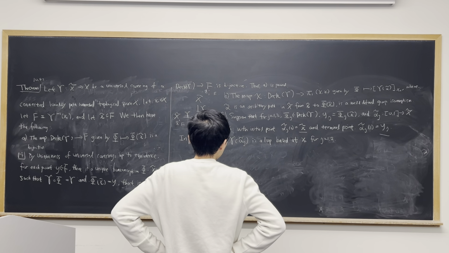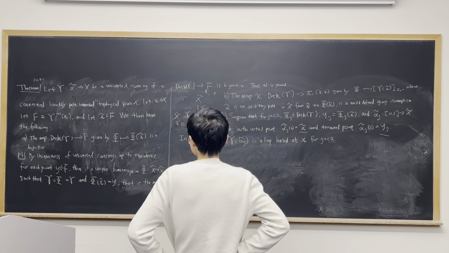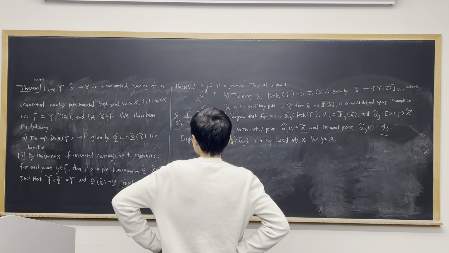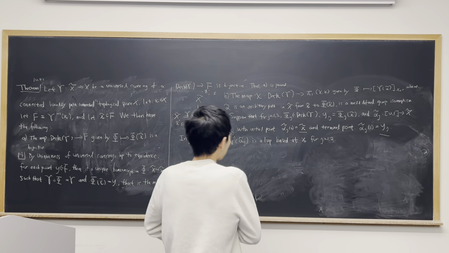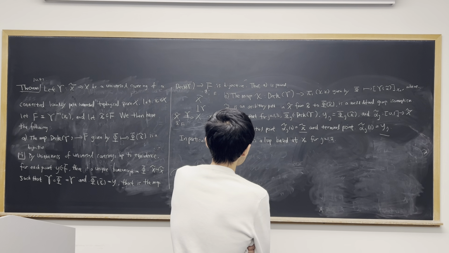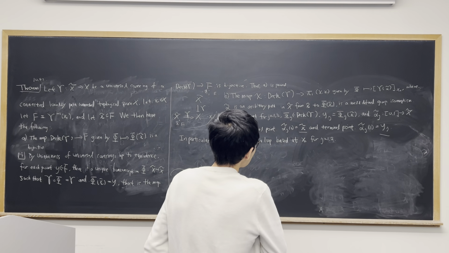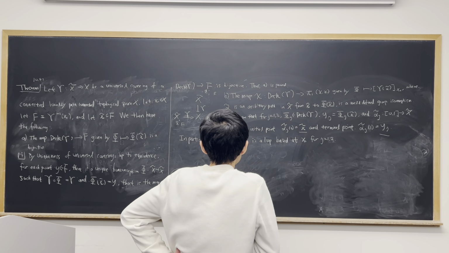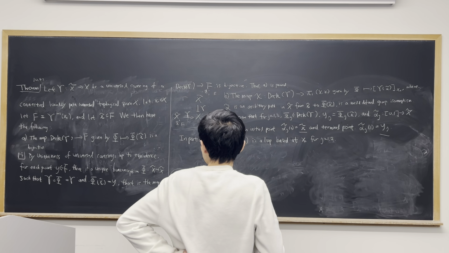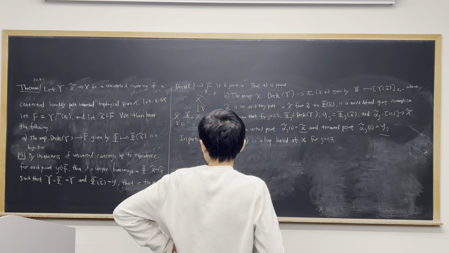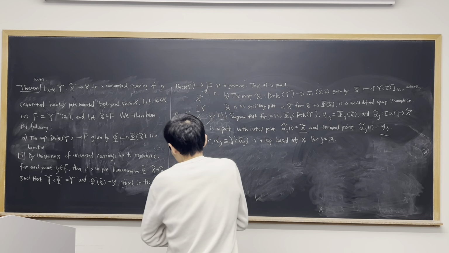Yeah, so we know that this y_j must lie in F, because this phi_j is in the deck transformation, so therefore we have gamma composed with phi_j equal to gamma.